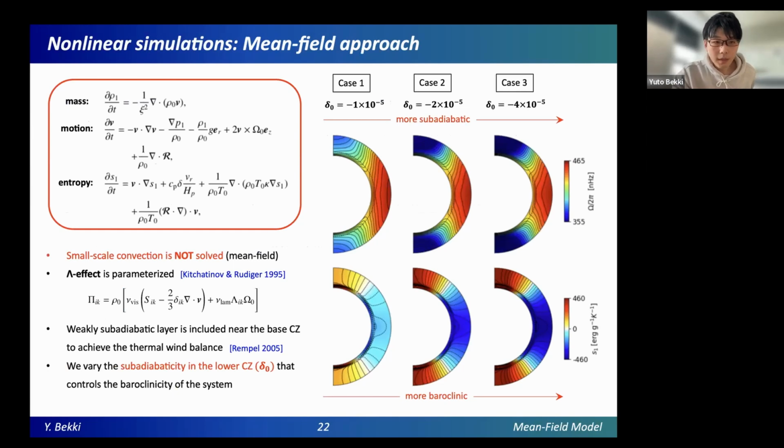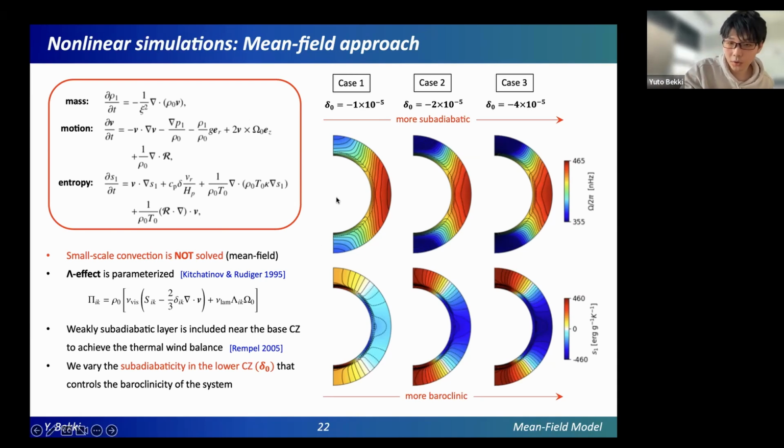In the mean field calculations, note that we don't solve the turbulent small scale convection explicitly. All of these turbulent processes, like convective heat transport or convective angular momentum transport, are parameterized and given in the model.